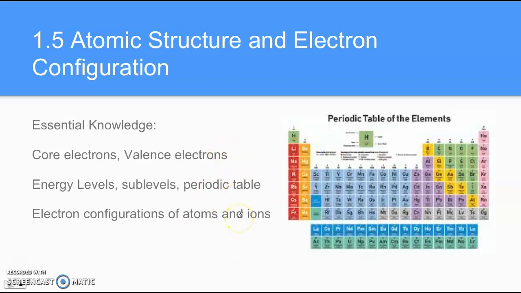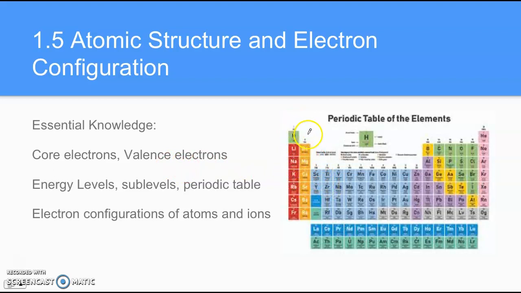To continue on with 1.5, you want to know about core electrons and valence electrons. Core electrons are essentially just the inner electrons. They're not involved in chemical reactions. Valence electrons are the electrons that are farthest away from the nucleus. They're the electrons that get lost or shared in chemical reactions. So you can get the number of valence electrons simply by placement on the periodic table.